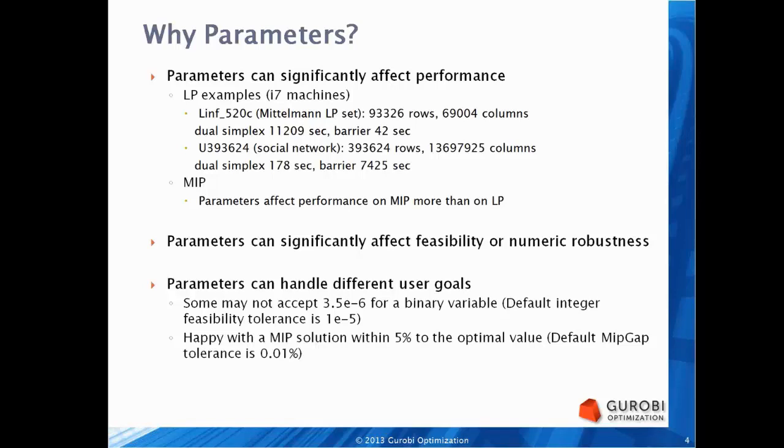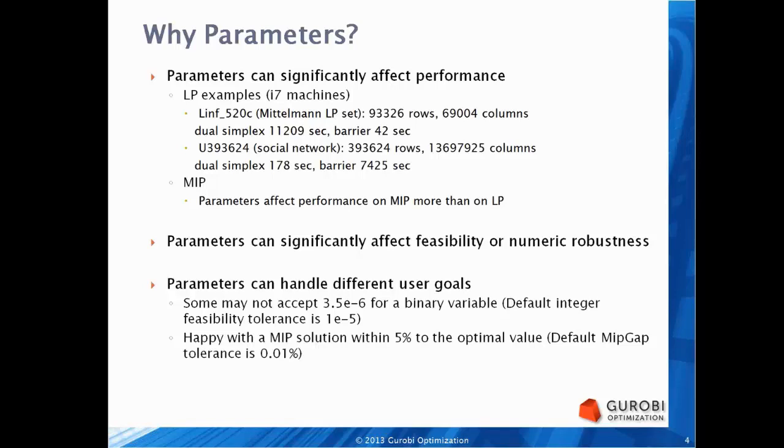We cannot predict that, and you maybe also cannot predict it. If it happens, we have a parameter, for example the Markowitz tolerance. You can tighten it, and it will help. But a tight value will slow down most models. So that's why we need a parameter.